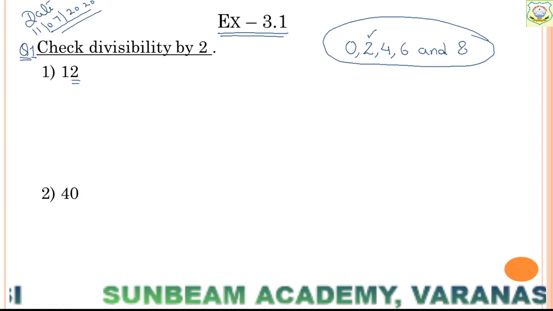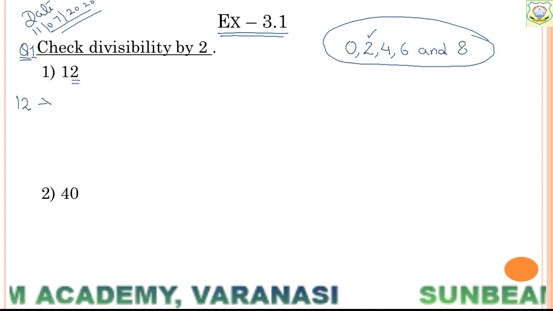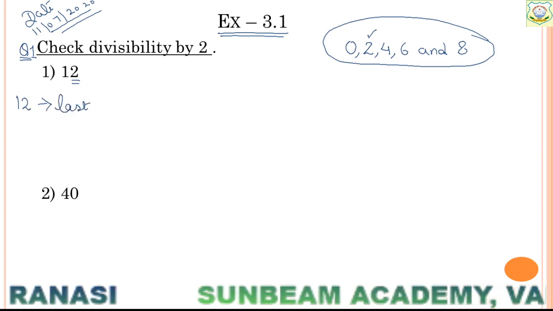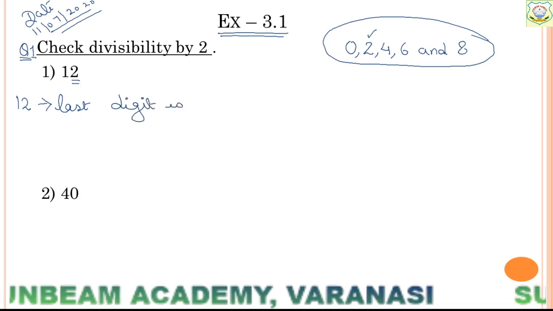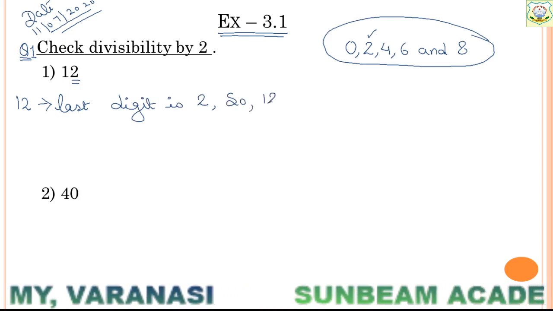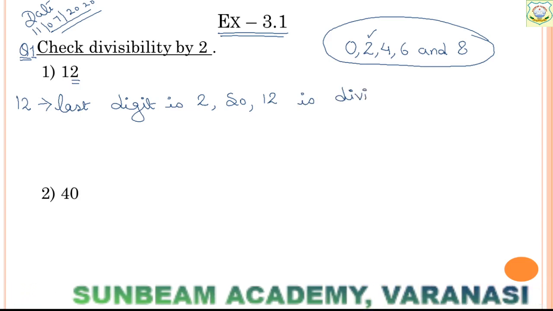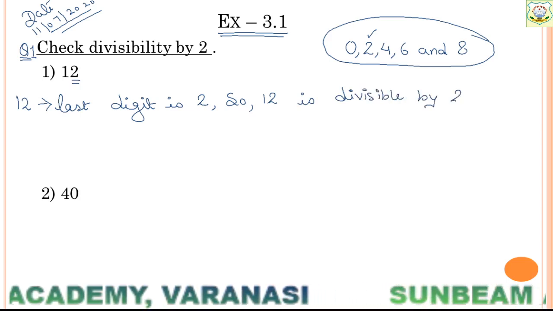Then how to write the answer? We will write it this way. First of all, copy down the number 12 and then write: last digit is 2, so 12 is divisible by 2.